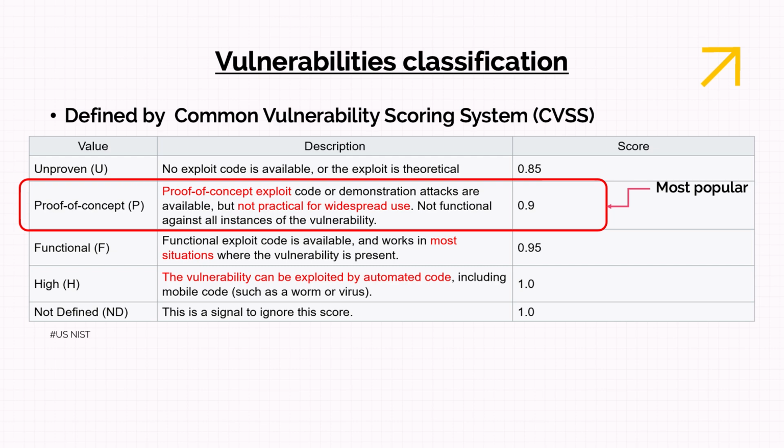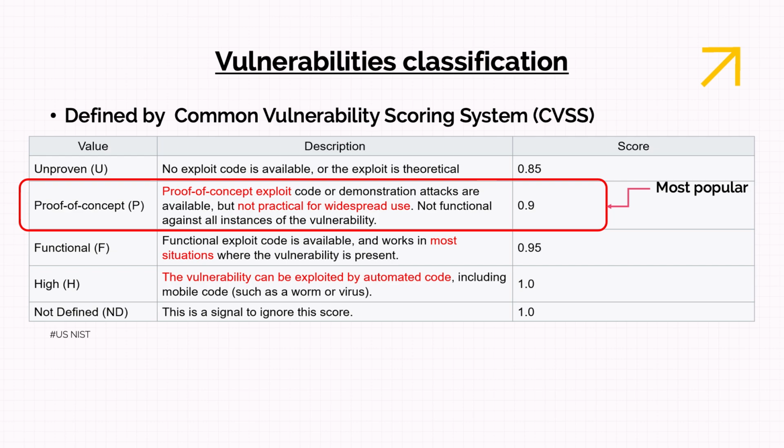So you can see in practice, to be sure which vulnerability is a higher risk than the other, they use vulnerability classification. So on the screen you can see they define it by the Common Vulnerability Scoring System. The higher value is worse, like a higher value such as 1.0 or 0.99 or 0.9.